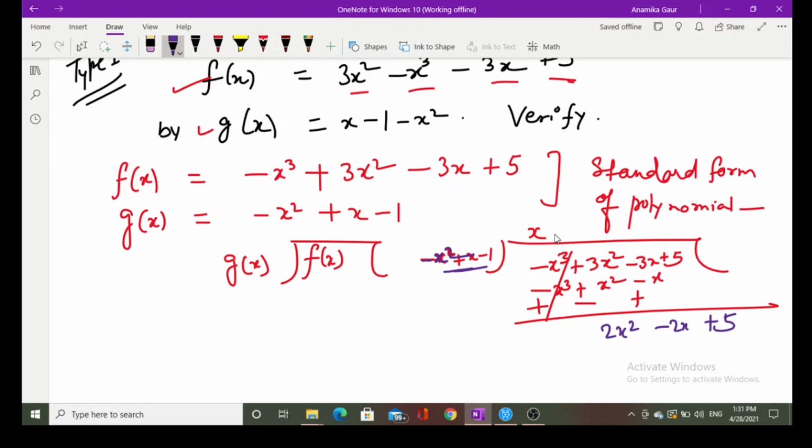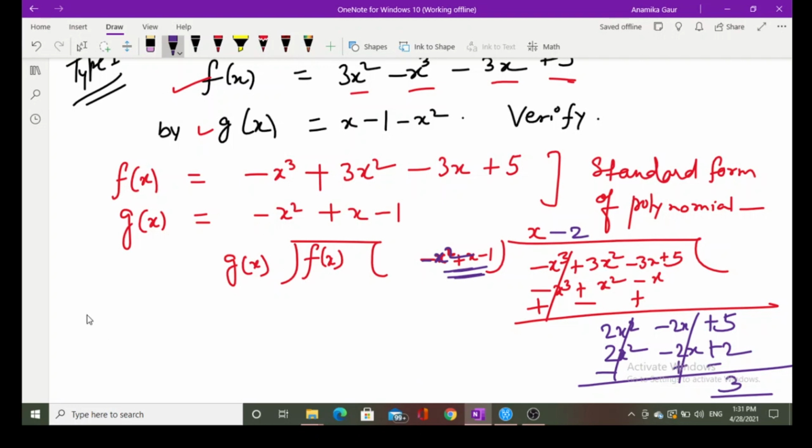The next step is we need to multiply g(x) by minus 2. Minus 2 multiply minus x square, we will be getting plus 2x square, minus 2 multiply plus x is minus 2x, minus 2 multiply minus 1 is plus 2. Change the sign and you will be getting your answer.